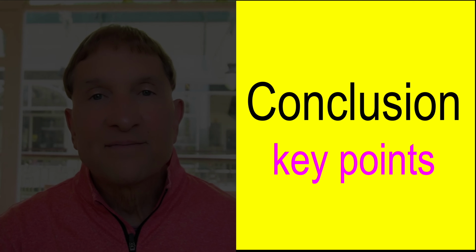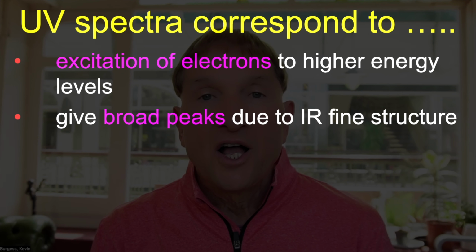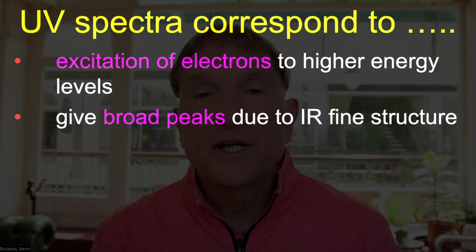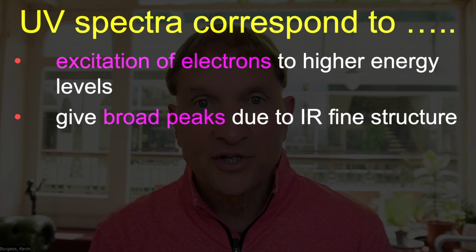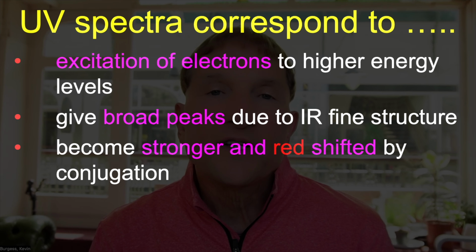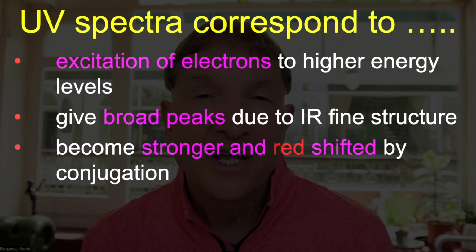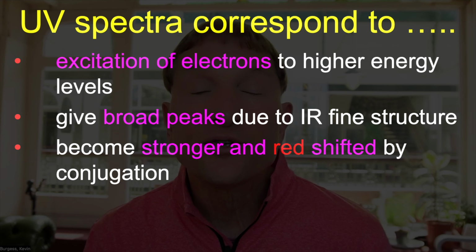In conclusion, UV spectra are simple to record. Absorbances are broad because of the vibrational fine structure of each energy level. Conjugation increases the compound's absorptivity by increasing the cross-section and shifts lambda max to the red.